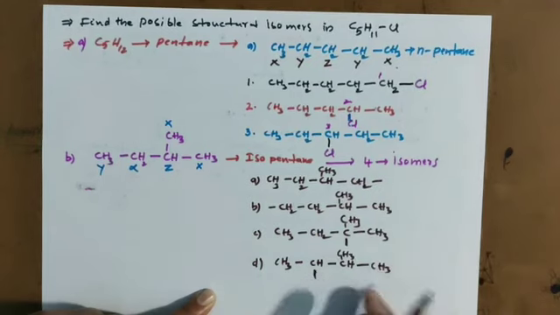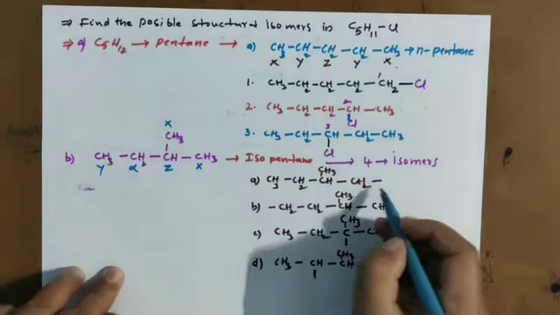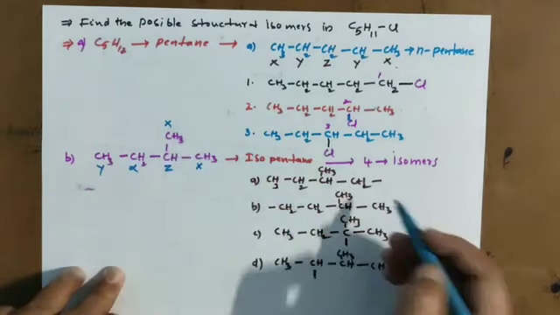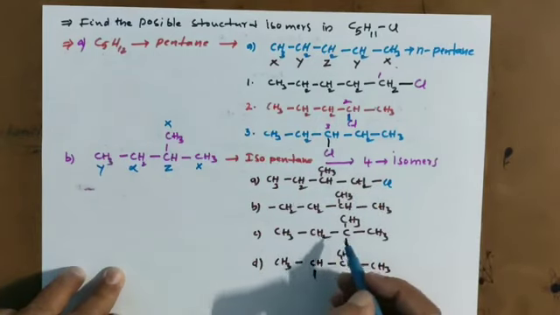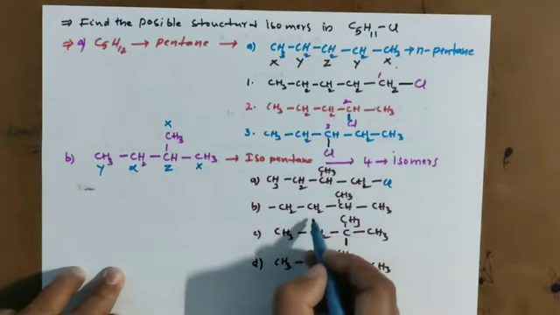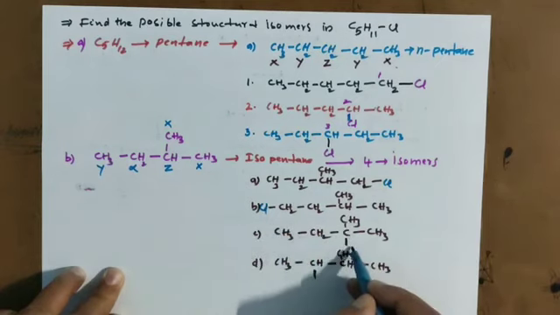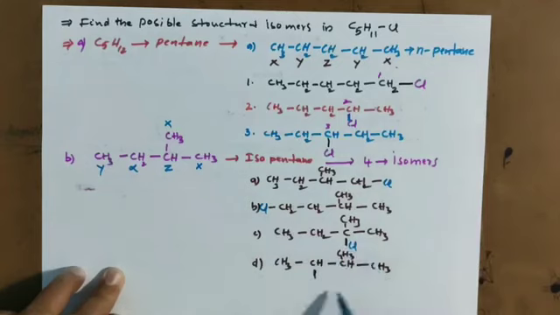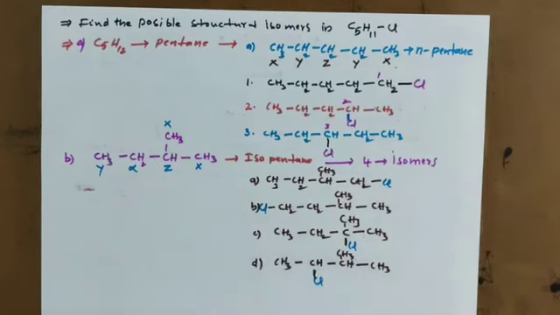Now here vacancy. So 4 vacancies we have. You add 4 chlorines. So here 1 chlorine you can add, and here you can add 1 chlorine, and here one vacancy is there, one chlorine, and here one chlorine. 4 isomers you got.